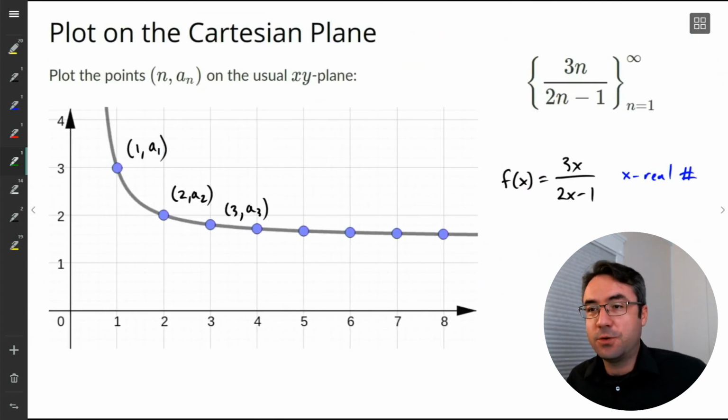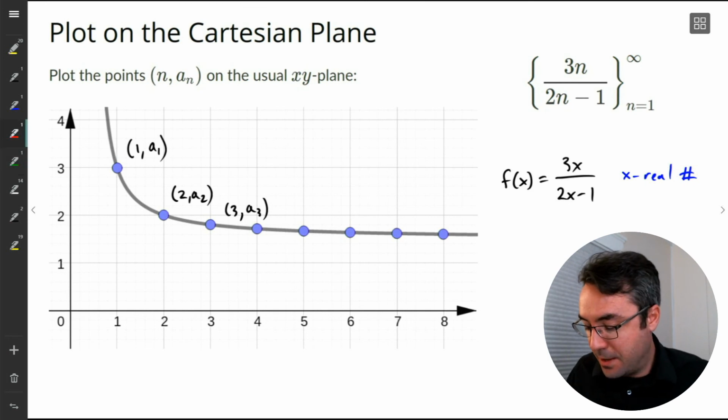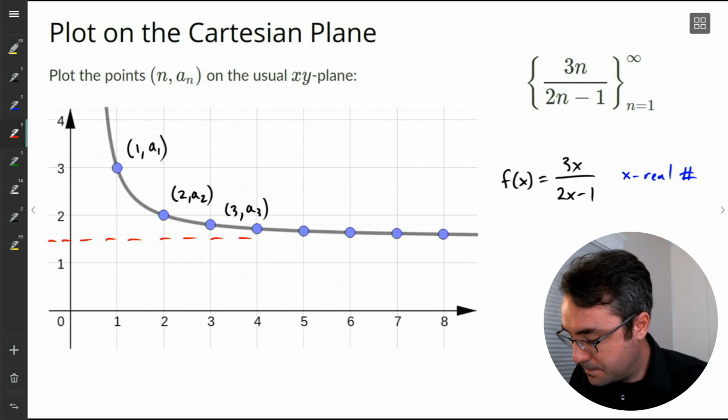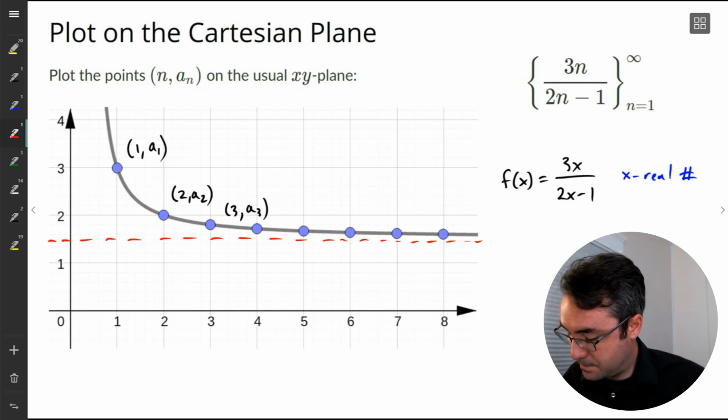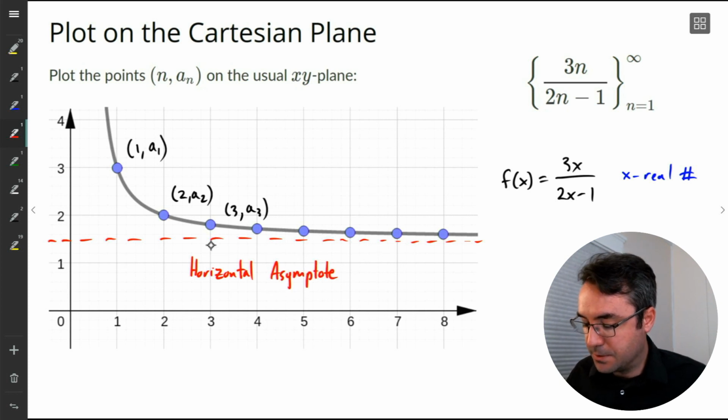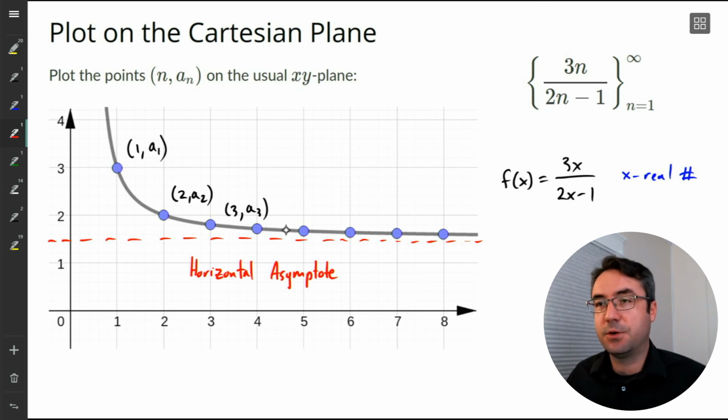If we go back to our graph, while we're plotting the points, what we might see in this case is a horizontal asymptote. And the horizontal asymptote is when we're talking about just that real value function.